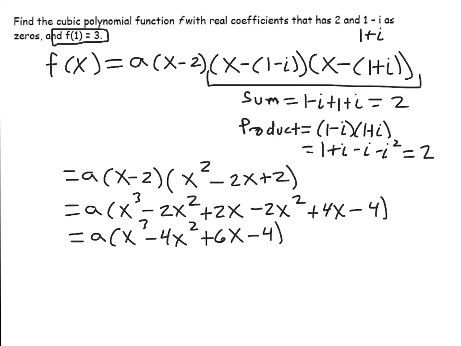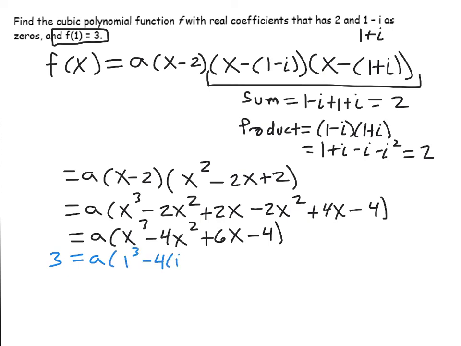Now, if we were doing it like we had done the other problems, we'd say we're done, because out front with that value for a, we'd be saying a is 1. Just let a be 1 and we'll call it good. Well, we can't do that here because it says when x is 1, y is 3. So here's what happens now. My y value is 3. I'm looking for a.